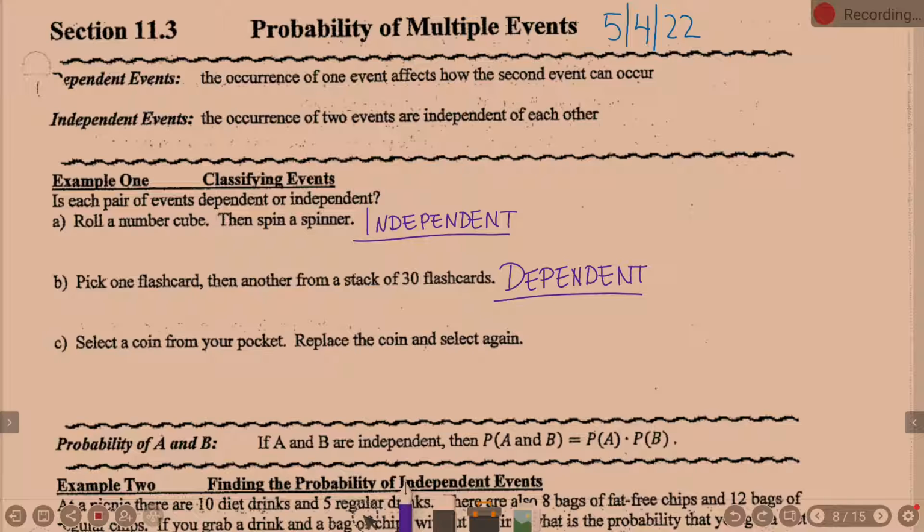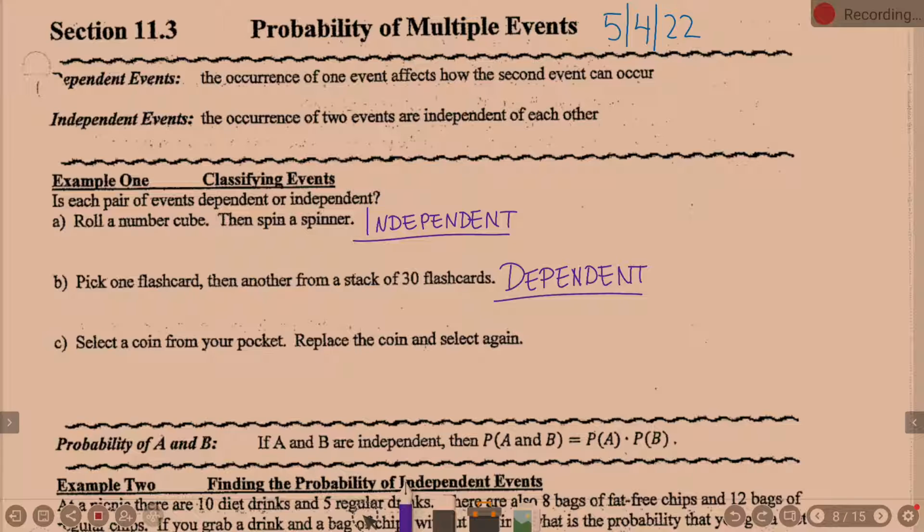Now, it would be different if they indicated something in between, but the fact that you pick one doesn't say put it back or anything, and then pick a second. The first probability affects the second probability. And C, select a coin from your pocket, replace the coin, and select again.